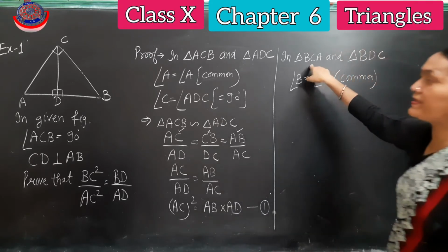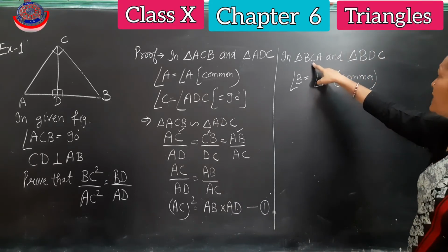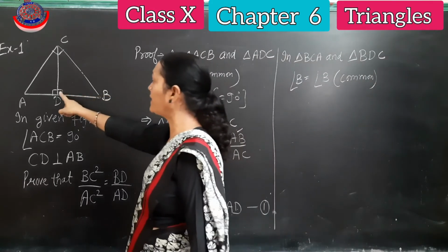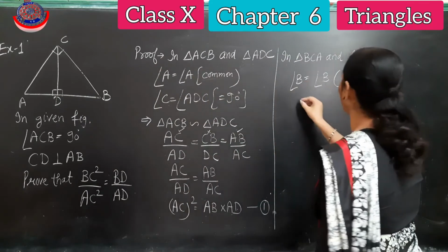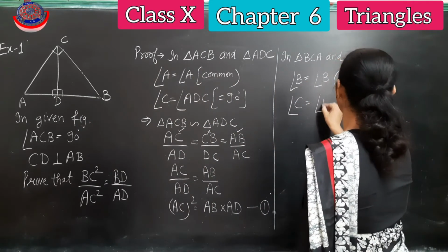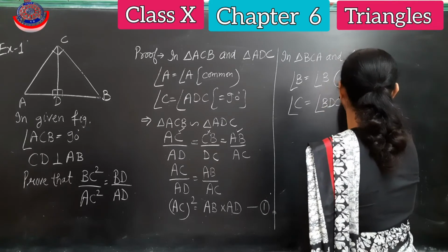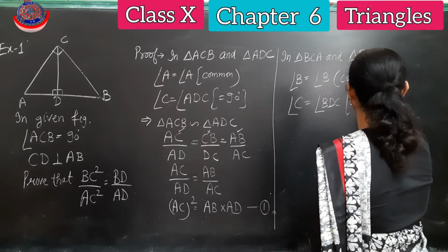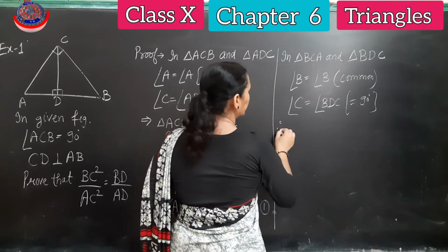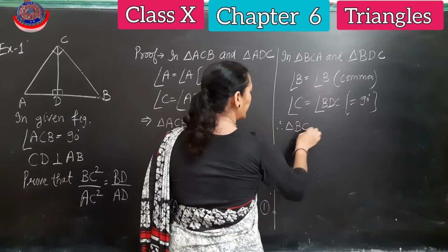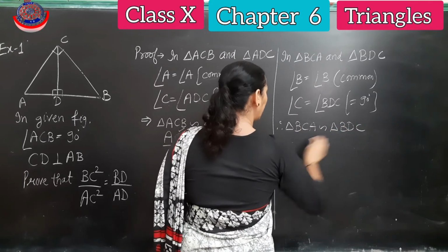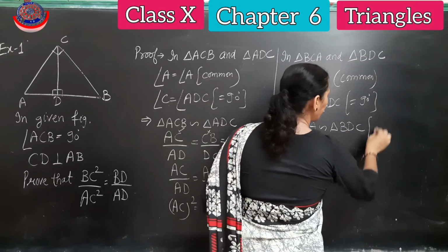Then in triangle BCA, angle C is 90, and in triangle BDC, at point D, 90 is formed. That means angle C is equal to angle BDC, both equals to 90 degree. Therefore, triangle BCA is similar to triangle BDC by AA similarity rule.